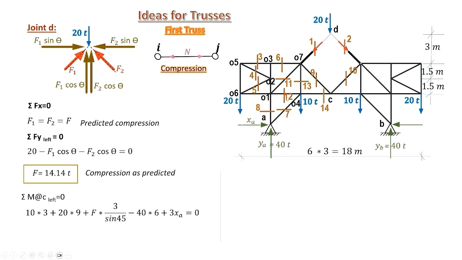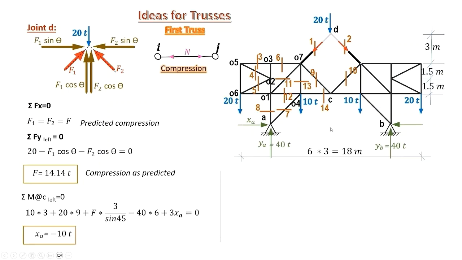And at last, we have the 40 tons reaction YA multiplied by the arm 6, and the unknown we are searching for, XA, multiplied by this vertical arm 3 meters.